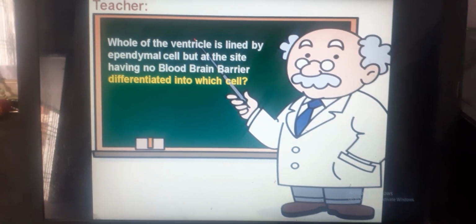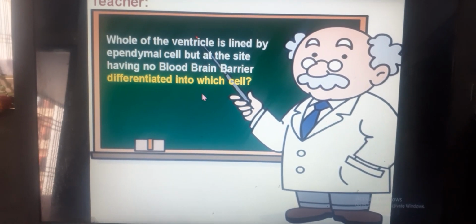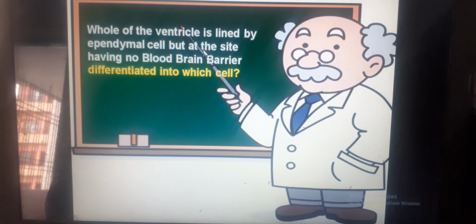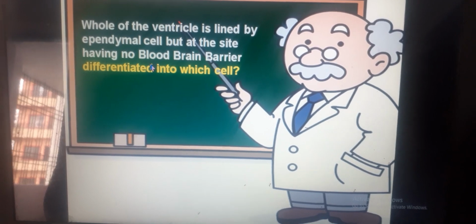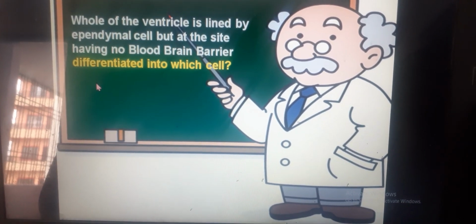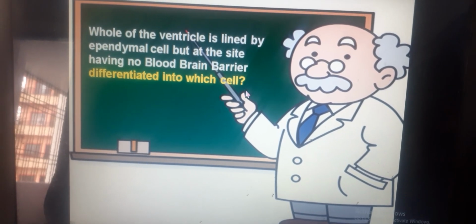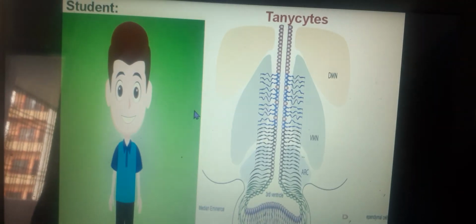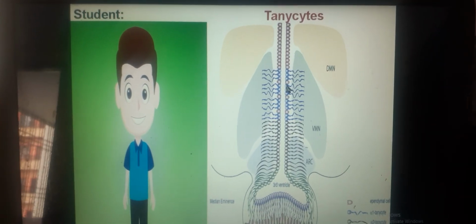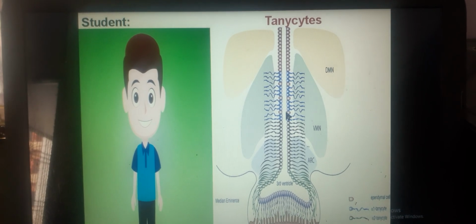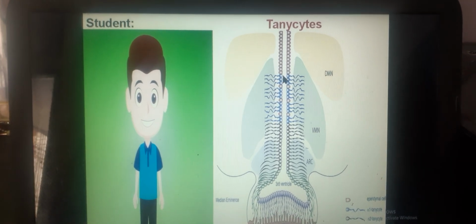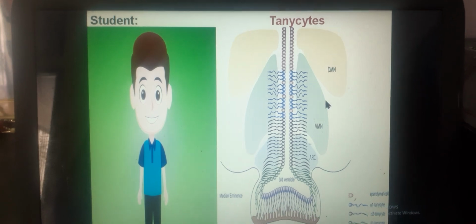Teacher: The whole ventricle is lined by ependymal cells, but at the sites having no blood-brain barrier, they differentiate into which cell? Student: Tanycytes. Ependymal cells differentiate into tanycytes where the blood-brain barrier is absent.